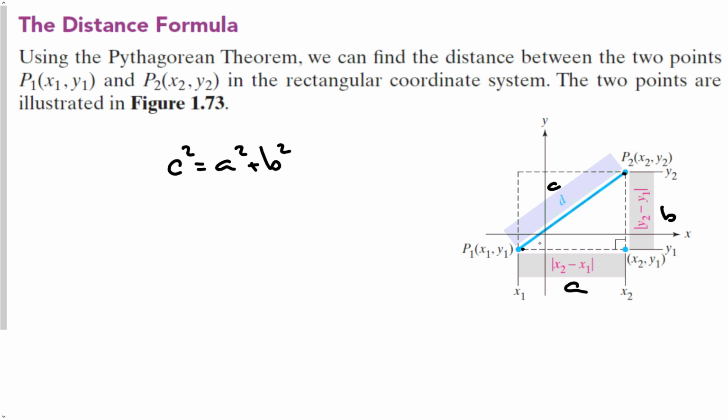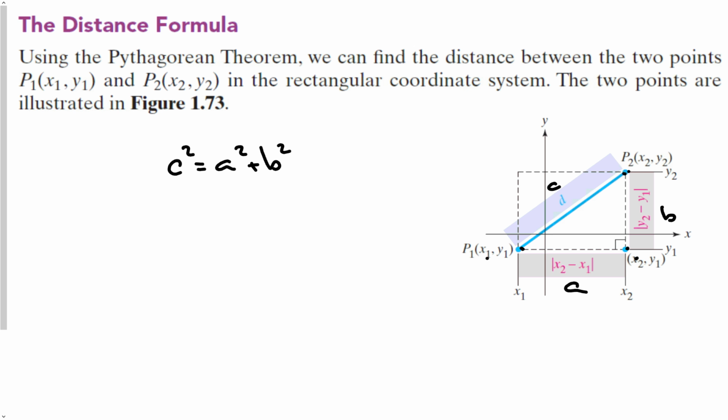So the distance between these 2 points, since it's on an axis, if I want to find the distance between point x2 and point x1, all I have to do is subtract them. Okay, same thing with y2 and y1.